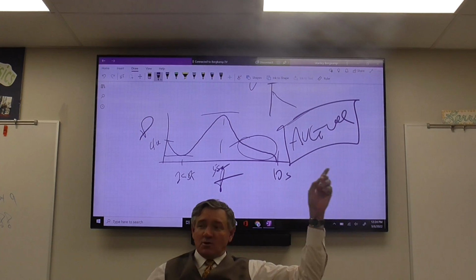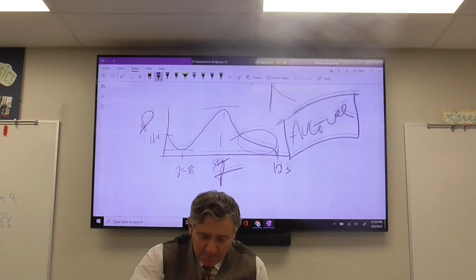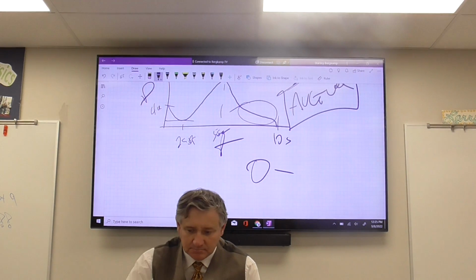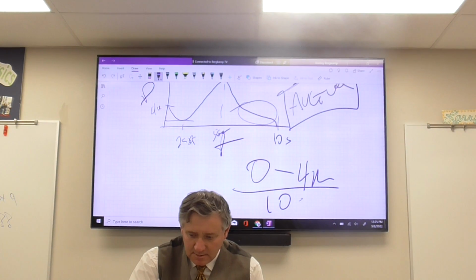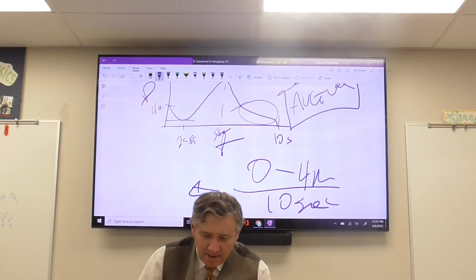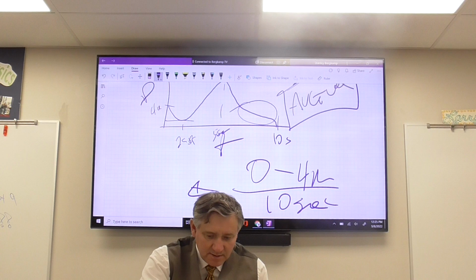That's right. So what's my overall final position? 0. I end up at the reference point. What's my initial position? 4 meters. And that took 10 seconds. So on average, my velocity is negative 0.4 meters per second.